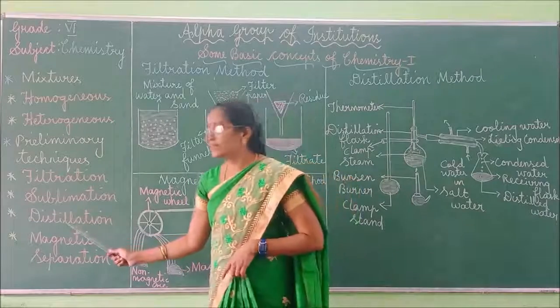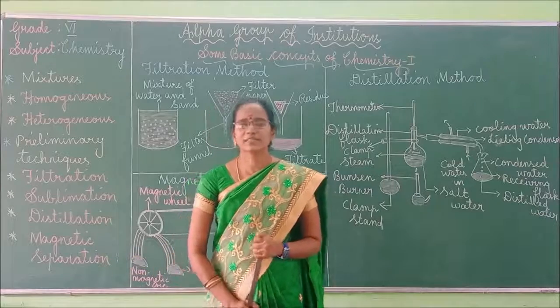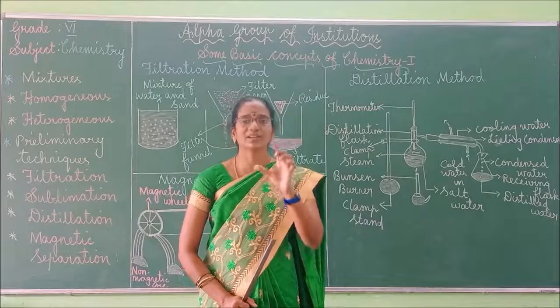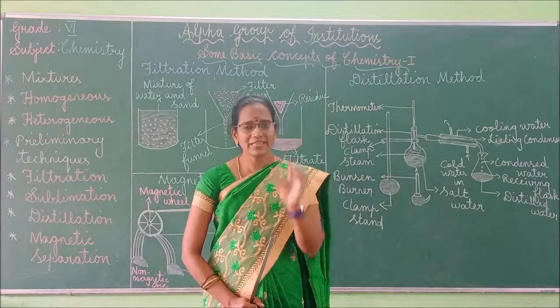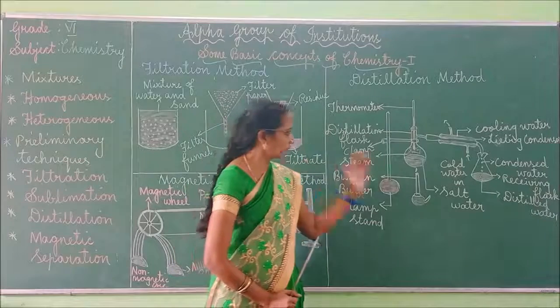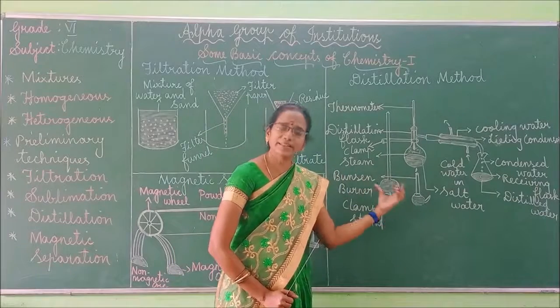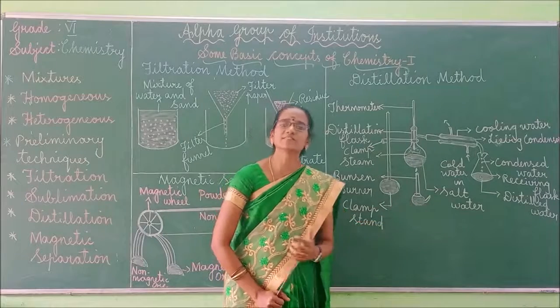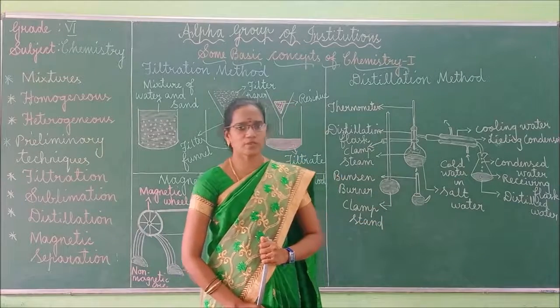What is meant by distillation process? It is a process involving the conversion of liquid into gaseous state and then condensed back into liquid again. So this is the distillation process.